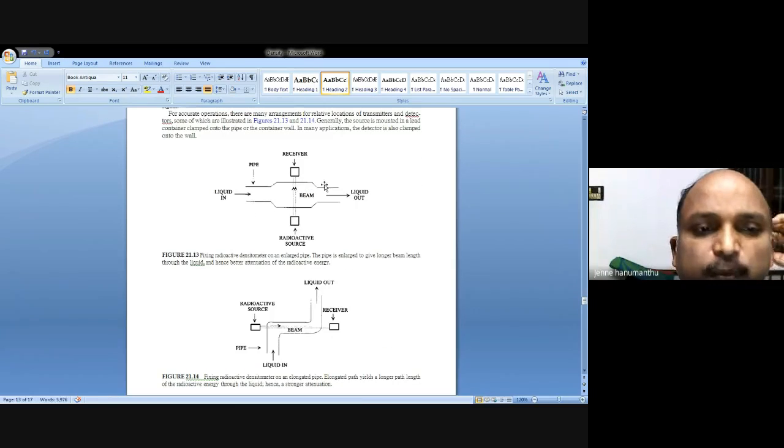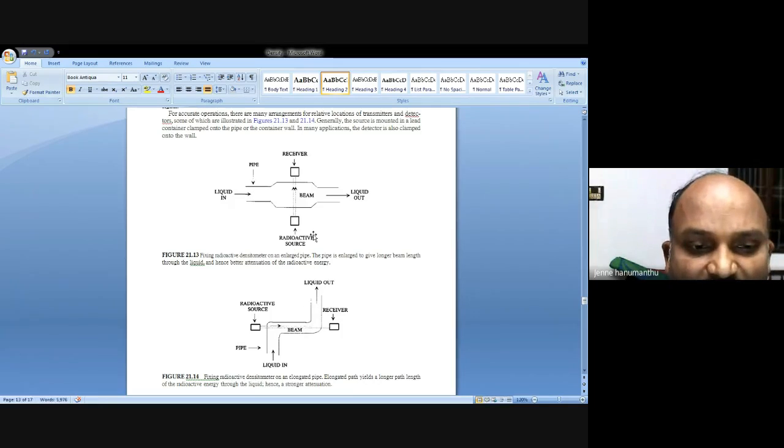Not only a straight pipe but also a bent pipe like this, the density can be calculated by sending gamma rays, and the intensity is measured here.